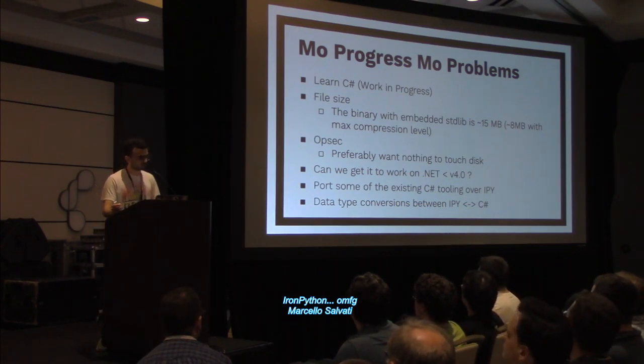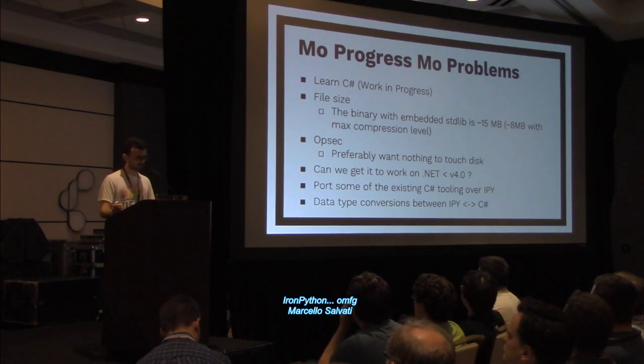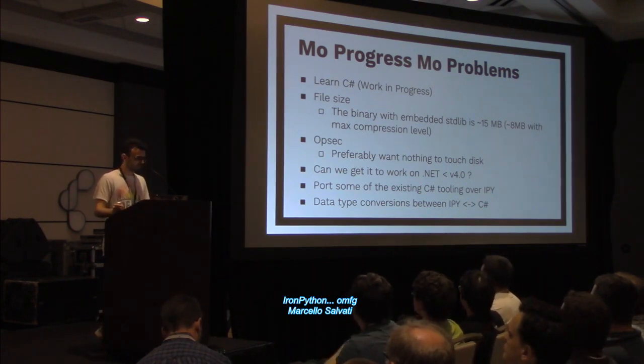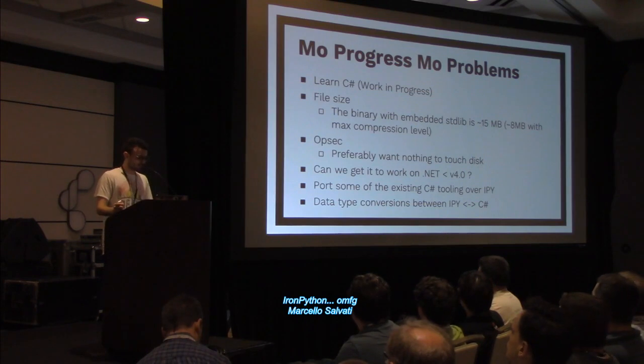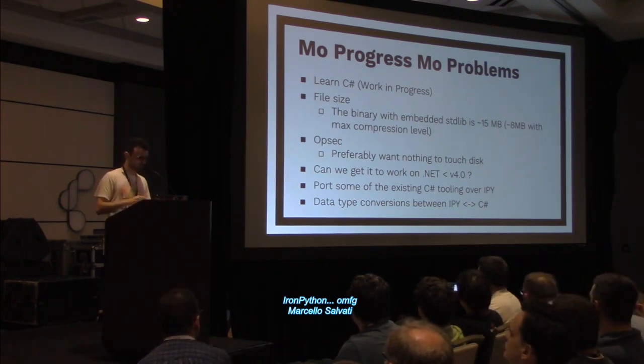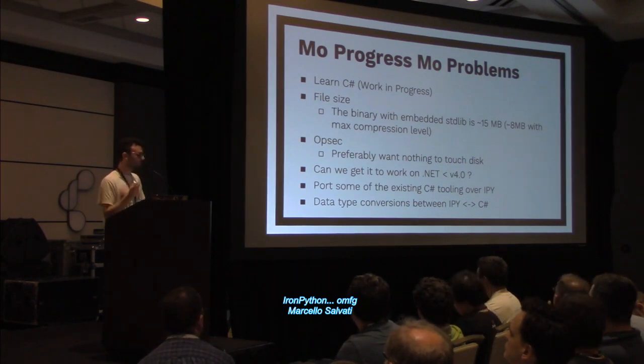If you compress that standard library to the max compression level that zip allows, the binary becomes around 8 megabytes, which is still way too big. From an OPSEC perspective, I preferably do not want this to touch disk. That'd be great. And can we get this to work on .NET version 4.0, which we'll talk about if we have time.